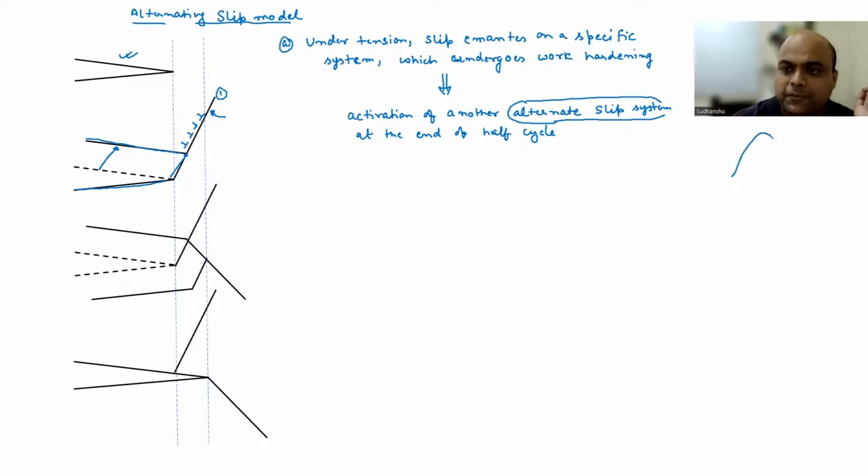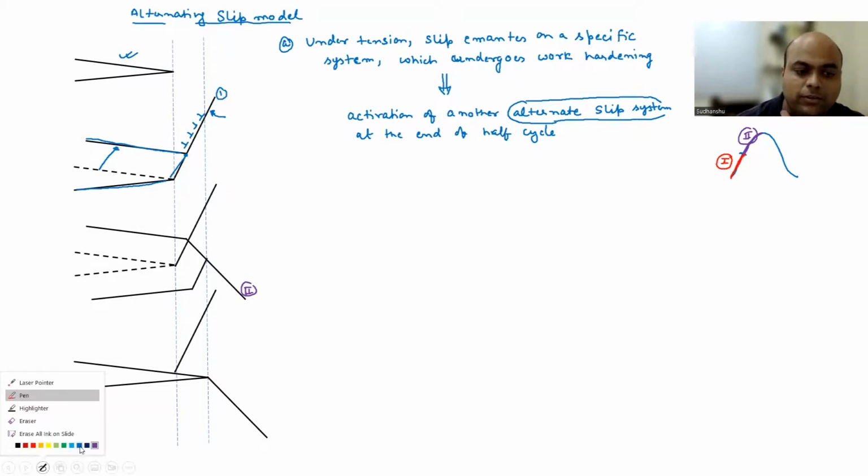That means if you have this cycle, in the first half, say up to this particular point, you have activation of one slip system, and in another half of the cycle, there will be activation of number 2, which is here. Okay. So you are going to have dislocations in 2 also, right?